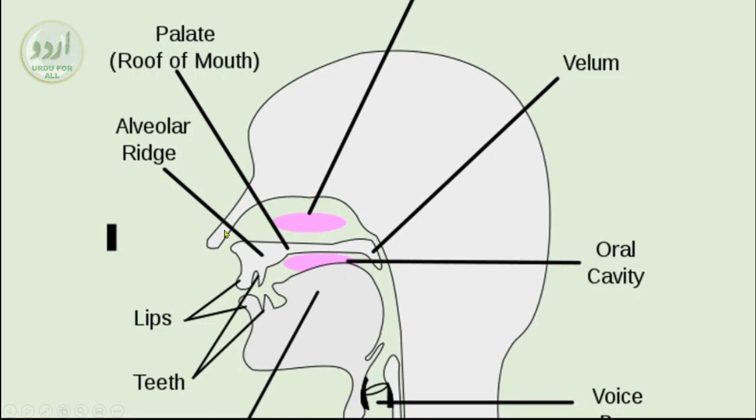Now suppose I want to make t sound, like in teeth. So I stop the air using the tip of my tongue and my alveolar ridge. So I touch the tongue with my alveolar ridge over here and make t sound. Okay?